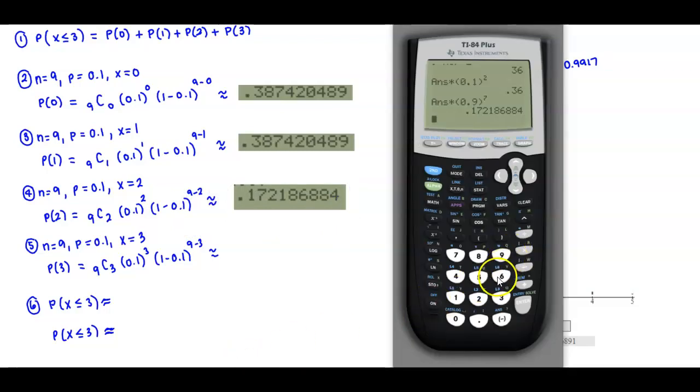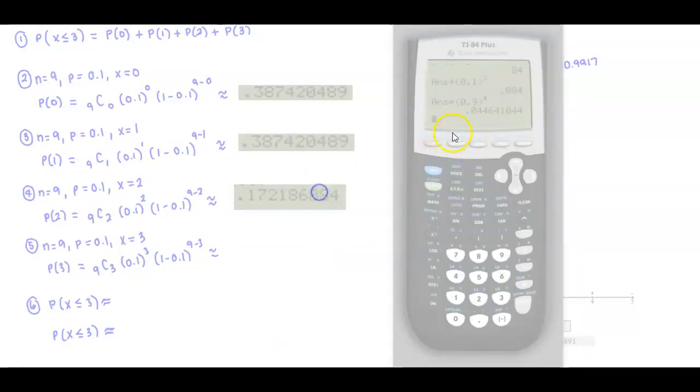Okay, let's go to the last one here. We got 9, and then math, and then probability. We got combination here. We got 3, and then times 0.1 to the 3rd power. And then we multiply that by 0.9 to the power of 9 minus 3, which is 6. And that gives us the following number.